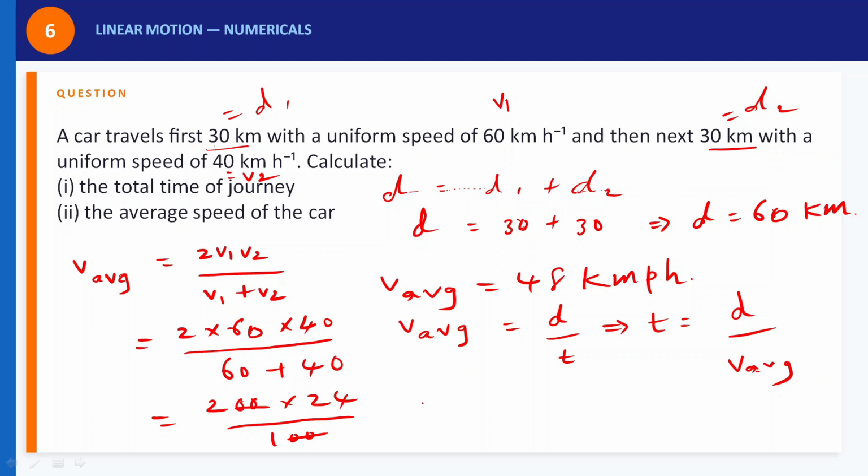Then time t equals total distance 60 by average speed 48. It is in hours. Let's divide 60 divided by 48.